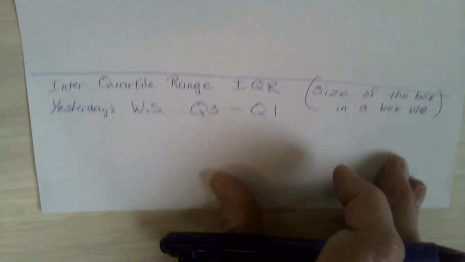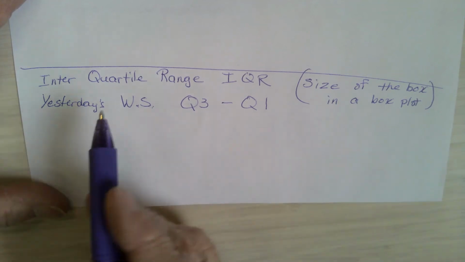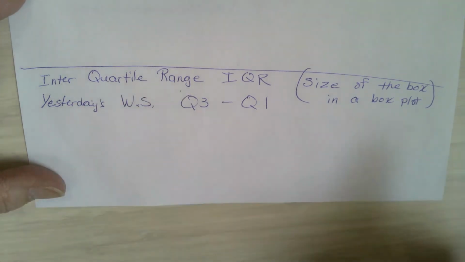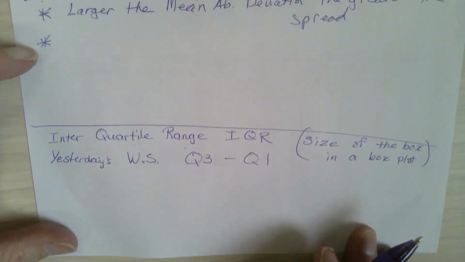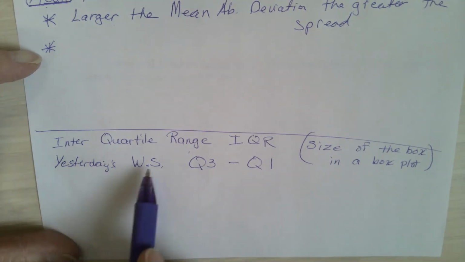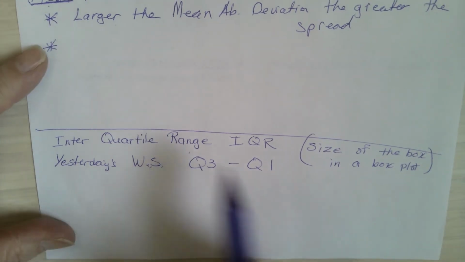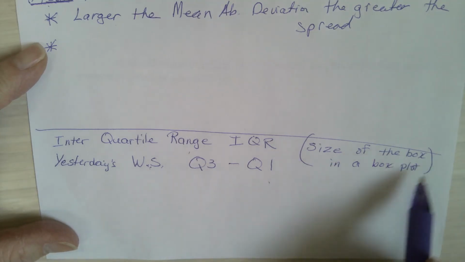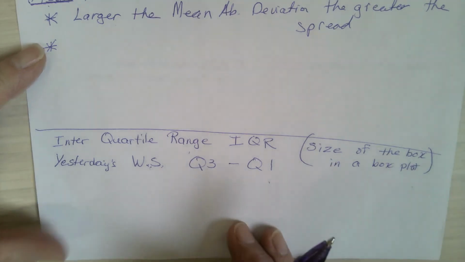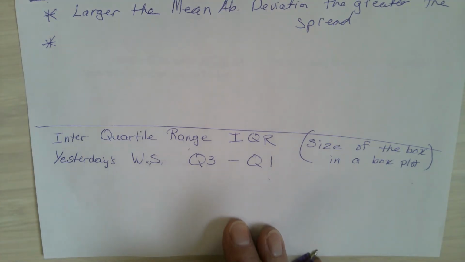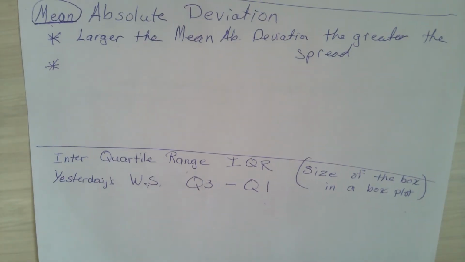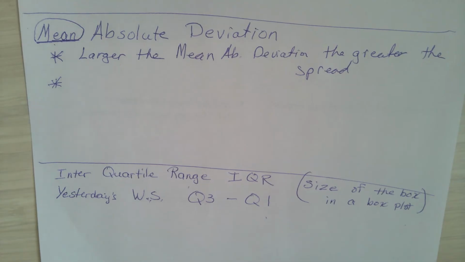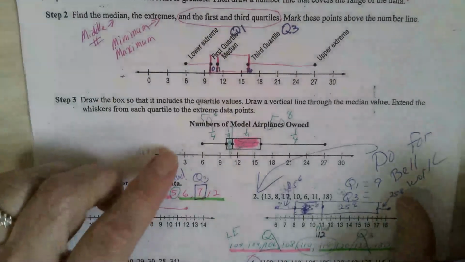Then one other item I'd like to go over is interquartile range. You should have notes of this on yesterday's worksheet. It's Q3 minus Q1. It's the size of the box in a box plot. So in yesterday's worksheet, I have here a box plot. All right.